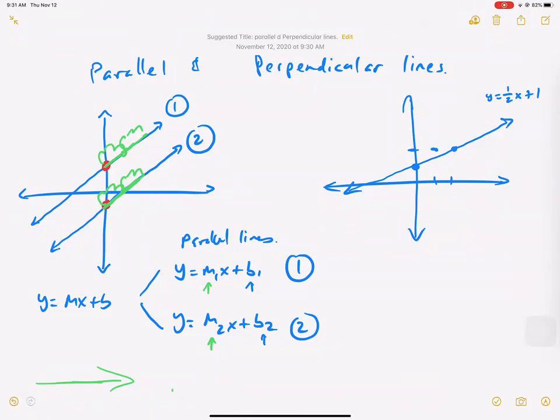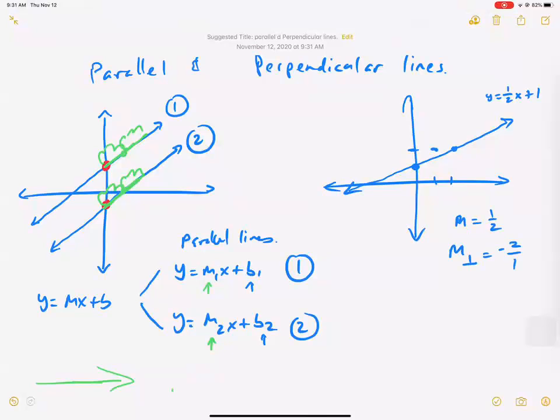A perpendicular line, the slope is the negative reciprocal. So let's say m is 1 over 2. That's the slope of this graph here. The perpendicular slope, and I'm going to draw this as an upside down t, is negative 2 over 1.